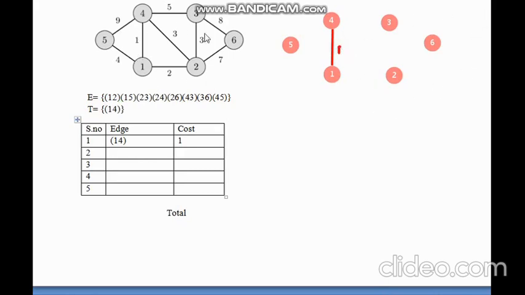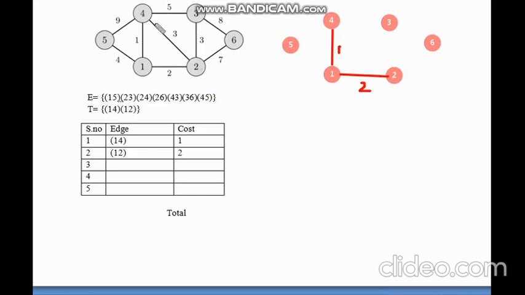The next least cost is 1 to 2, that is 2, right? So here 1 to 2 with cost 2, and 1 to 2 is not forming a cycle, so eliminate it from E, add it in T, and take it as the second edge along with the cost. Okay, next least cost: we have two choices here, 2 to 4 and 2 to 3.